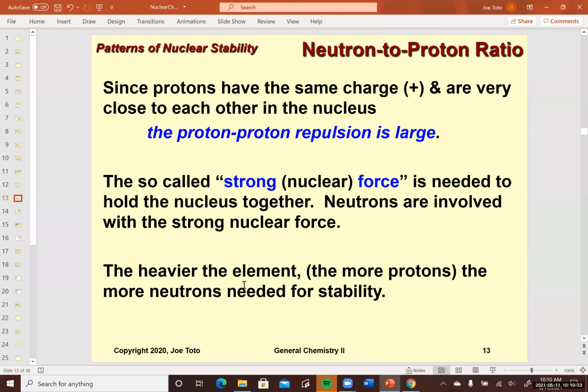Now we get to the neutron to proton ratio, and this is an important thing to talk about because it leads to what's proposed as one of the strongest forces that we know, which is the nuclear force, this force that holds the nucleus together. Now, in the nucleus of an atom, there are protons and neutrons. So what's the model for the protons and neutrons there? Well, the protons are massive and they're all the same charge.